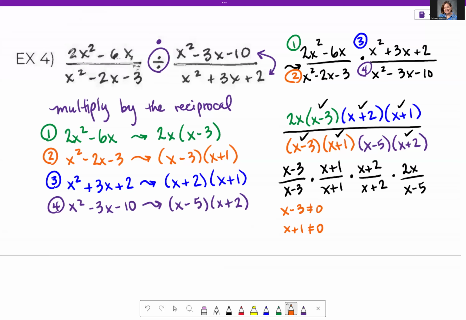X minus 3 is 0 when x is 3. X plus 1 is 0 when x is negative 1. Also, x minus 5 cannot be 0, which would happen if x was 5. And x plus 2 cannot be 0, which would be true if x was negative 2.